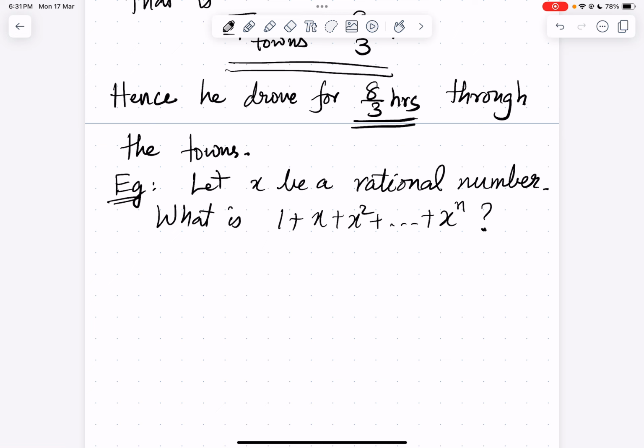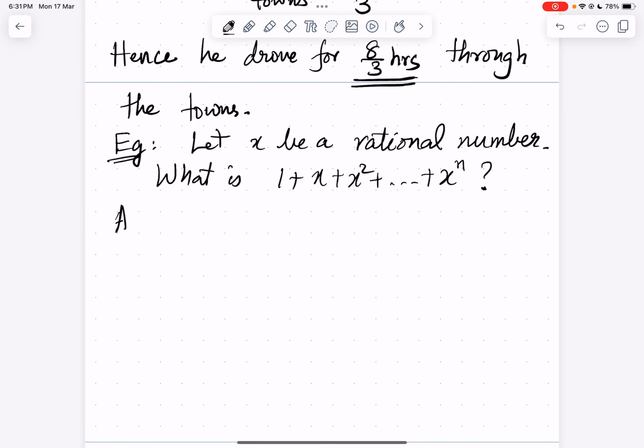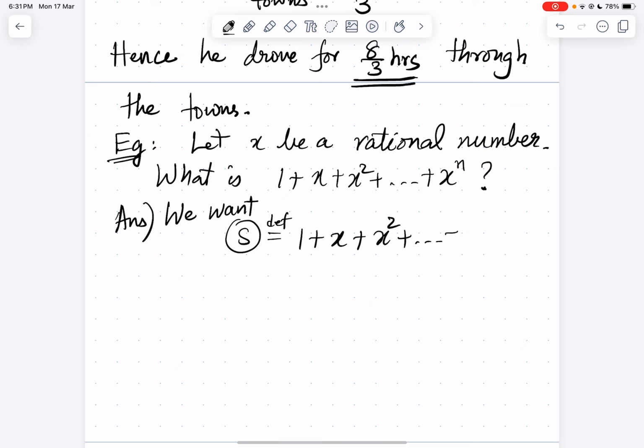What is the sum of these powers? So we let s be defined to be 1 plus x plus x squared plus so on till x power n.